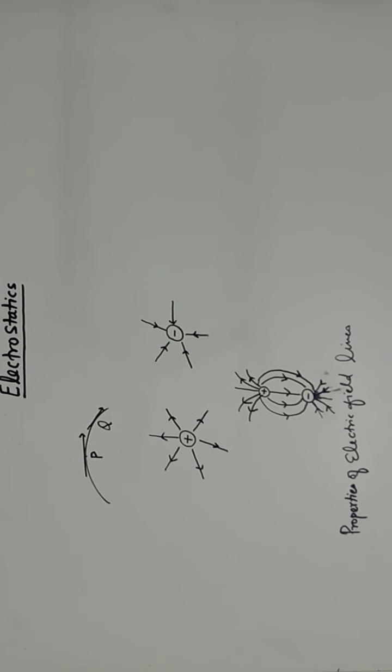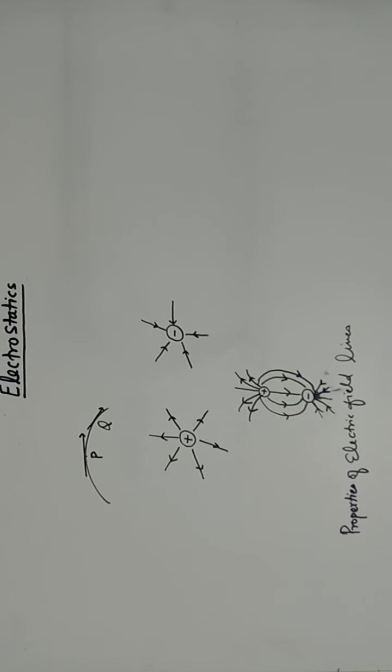They always start from a positively charged body and end at a negatively charged body. This is the first one. No electric field lines of force exist inside the charged body. Remember it. No electric lines of force exist inside the charged body.